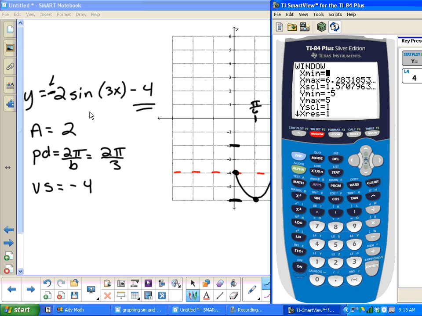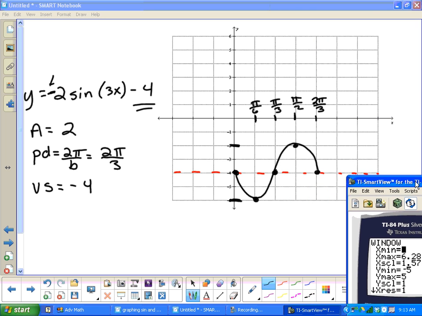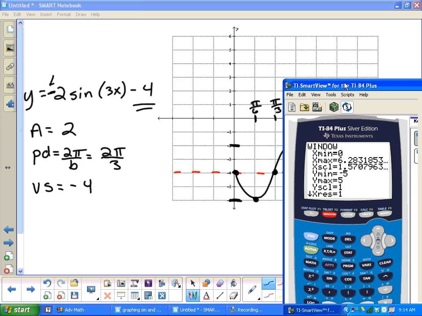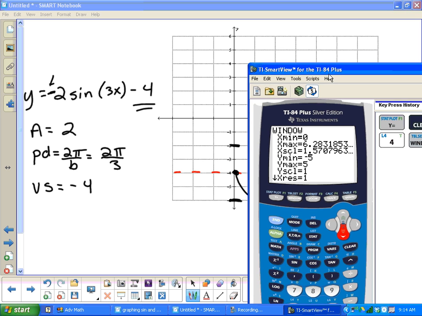Let's see, what about my x min and max? 0 to 2 pi over 3, right? Because we're thinking x, left to right.